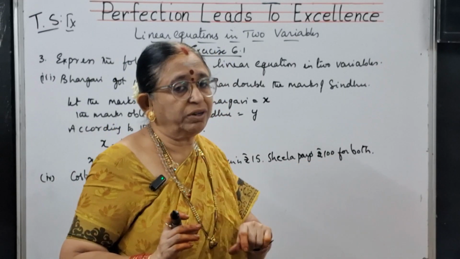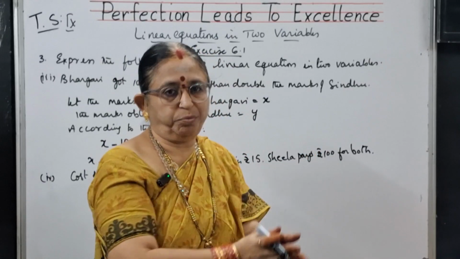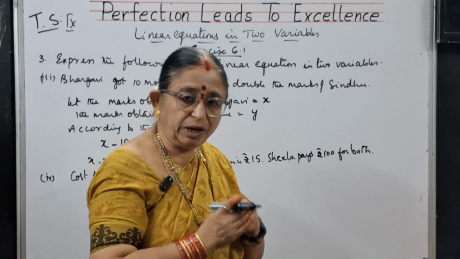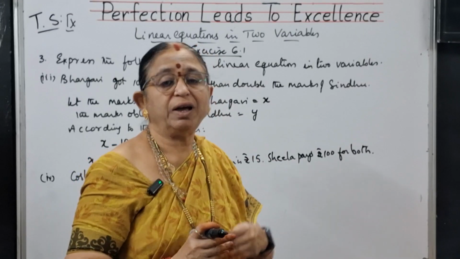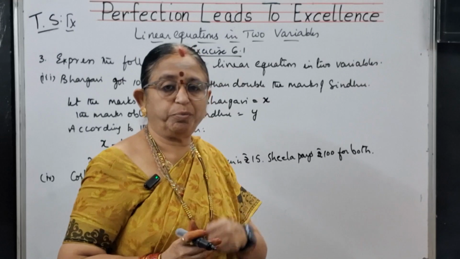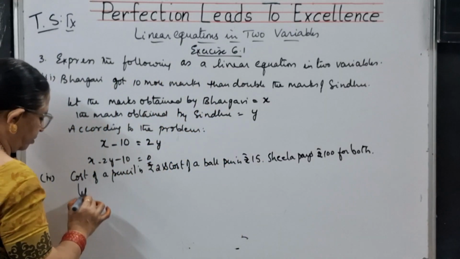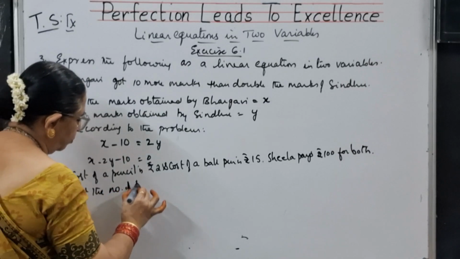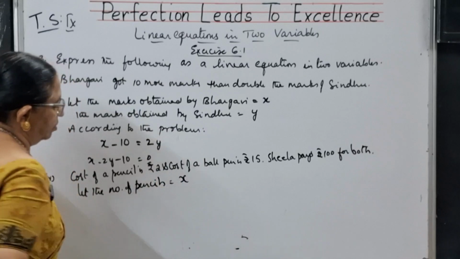For what has she paid 100 rupees? For some pencils and some ball pens. So what are the variables that we need to take? We have to take variables for the number of pencils and the number of ballpoint pens. So let the number of pencils be x.